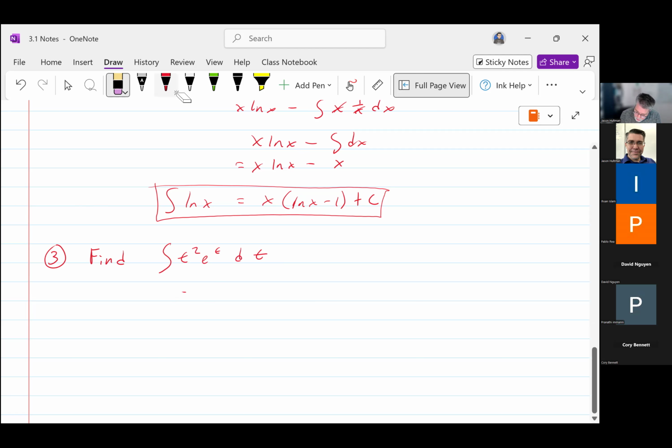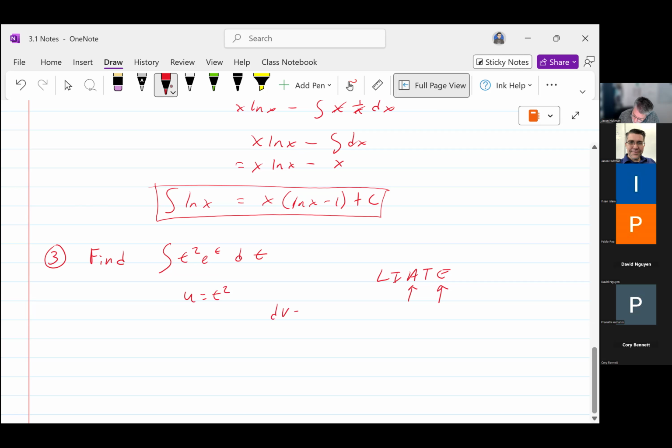Oh, sorry, I'm giving it away. What should we use for u? Remember, LIATE, right? So notice that we have an algebraic and we have an exponential, right? So which one should be u? t squared? Yeah, the algebraic, t squared, exactly.